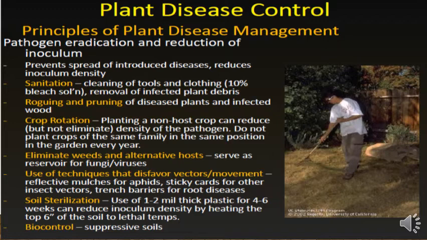It can be applied to individual plants, seed lots, fields or regions, but generally is not effective over large geographic areas. Eradication involves removing infested soil, fumigating soil in infested fields, removal and burning of diseased trees, sanitation, crop rotation, and eliminating weeds and alternative hosts.